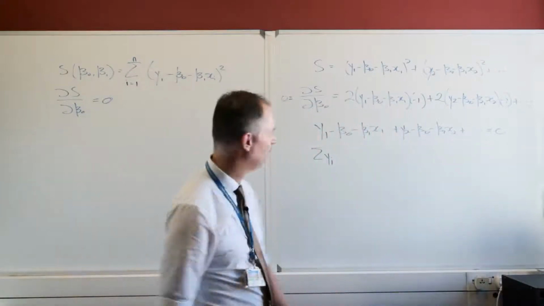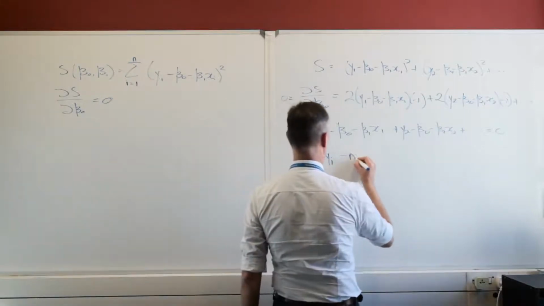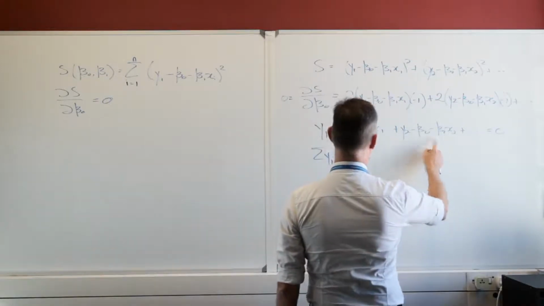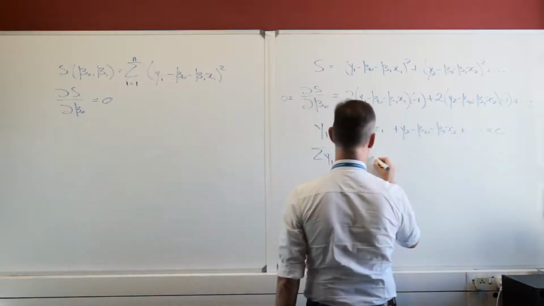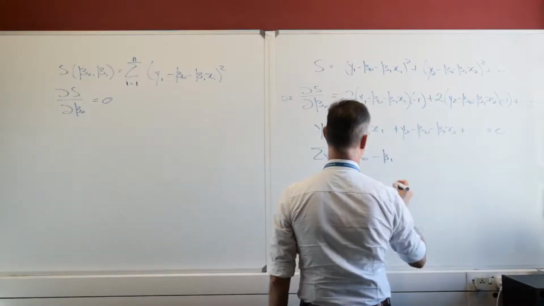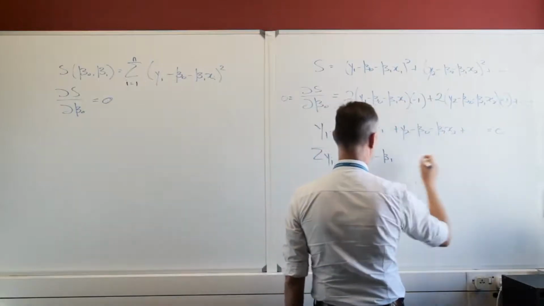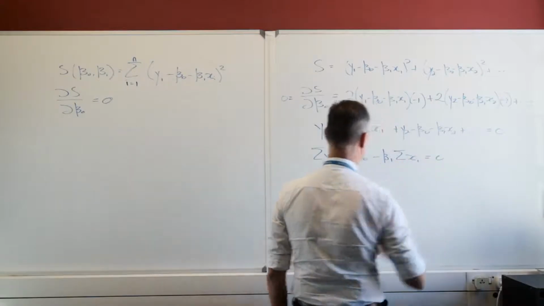There's going to be n of them, so that's minus n b sub 0. And what do we have left here? I can take this negative b sub 1 out, and I'm just left with x sub 1 plus x sub 2 plus x sub 3. That is just the sum of the x sub i's, and that equals 0.